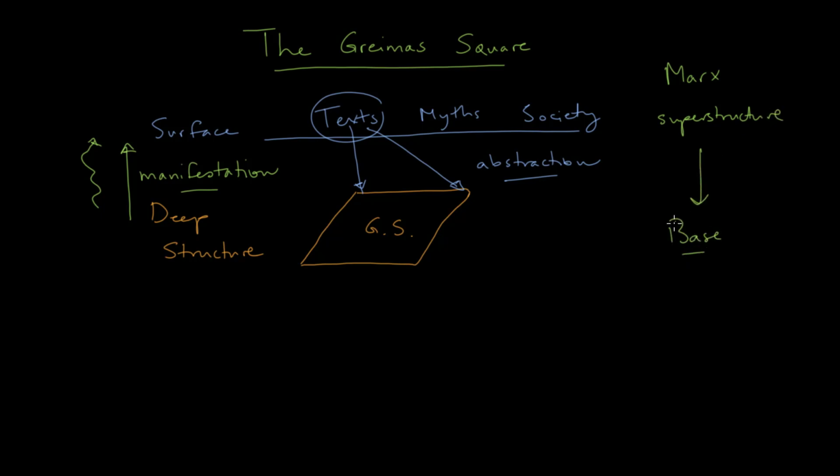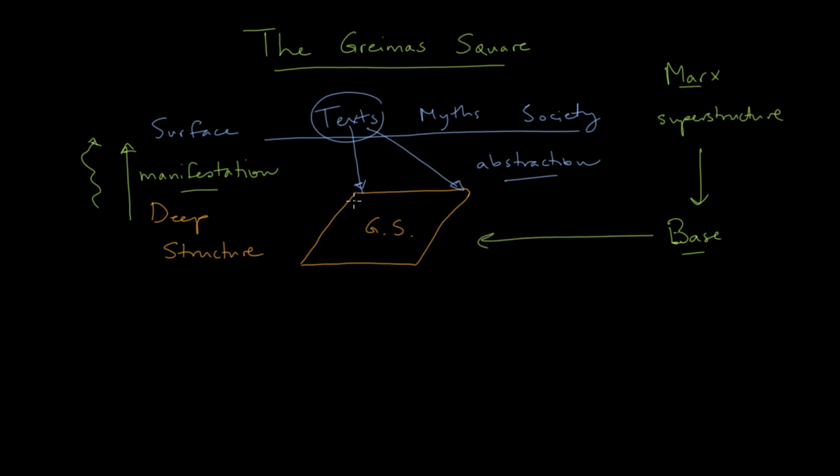And I think Greimas does a little bit of this in his article on the Greimas Square. He talks a little bit about some of the social conditions. He doesn't talk too much about economics, although there is an economic square, obviously, that we've talked about in previous videos.